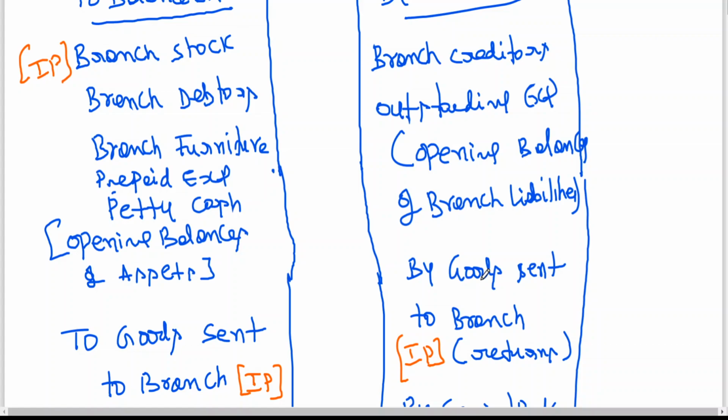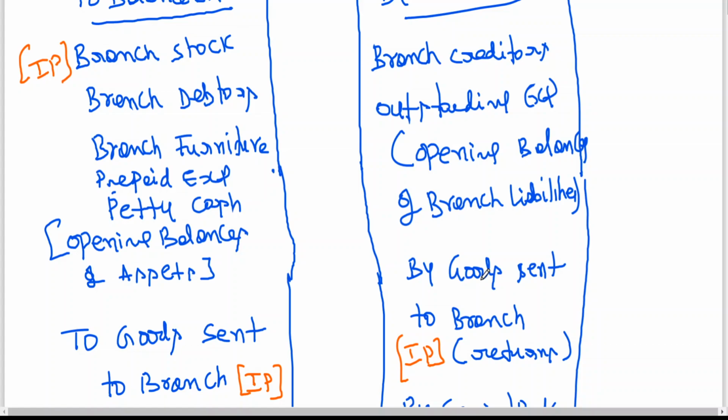Next, fourth point. When goods are returned by the branch customers directly to head office. See, head office is sending goods to branch, and the branch in turn is selling goods to customers.